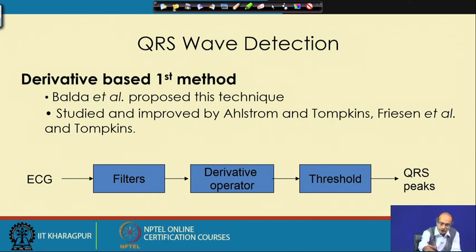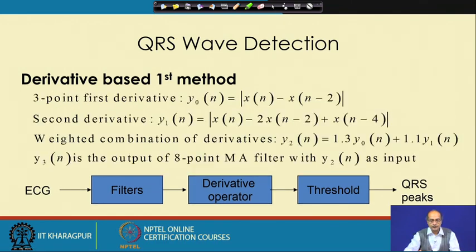Now let us see how this simple scheme works. In this case, what they have suggested is to take the 3-point first derivative.